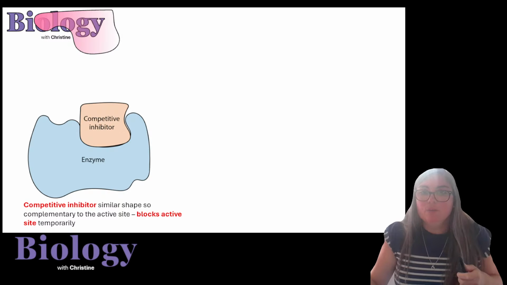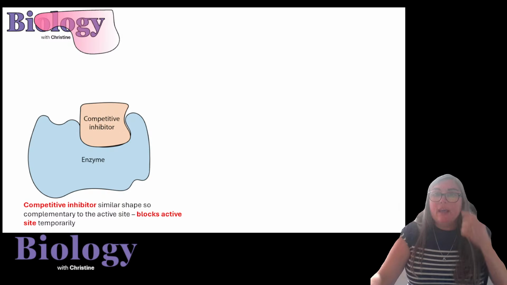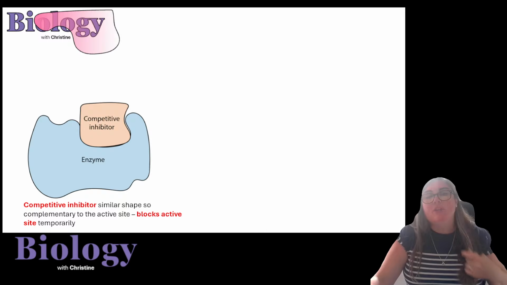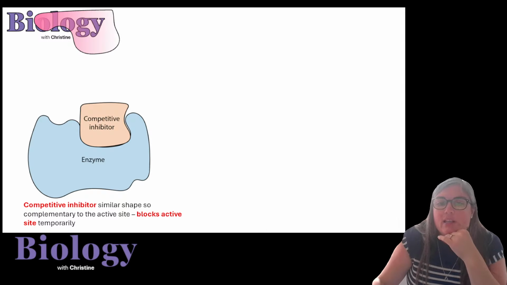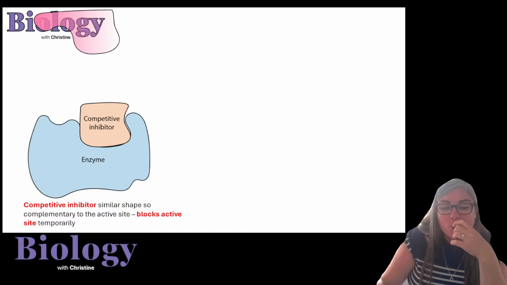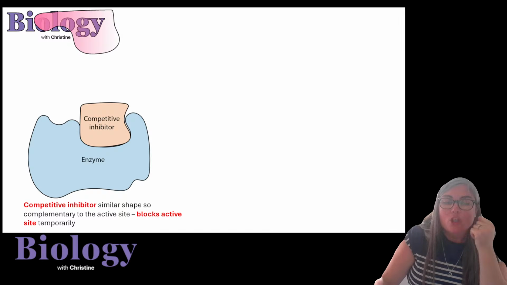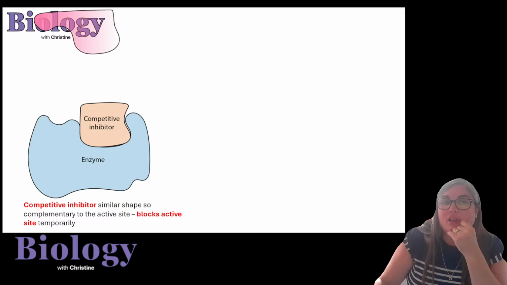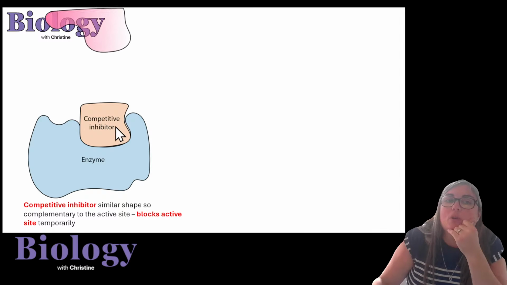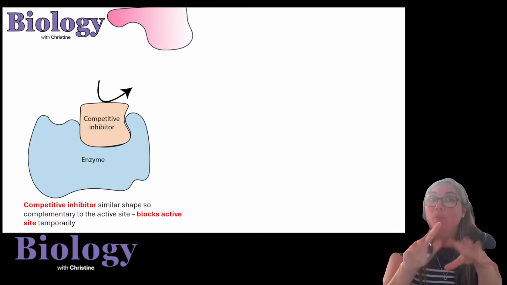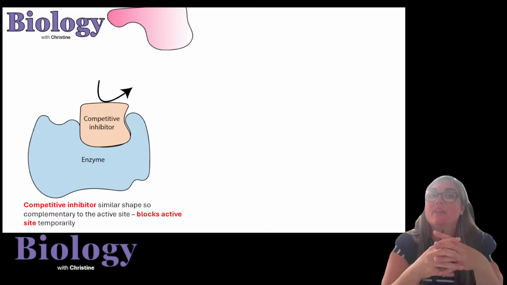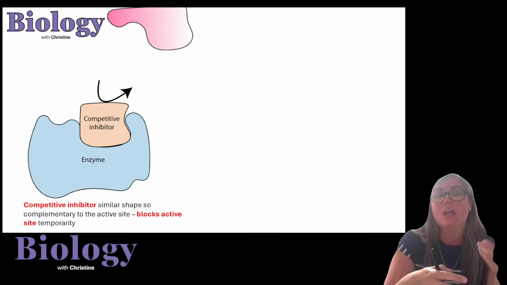Okay, so if we're looking at inhibitors now, if they're doing anything on inhibition, the key thing for you to know is what have they told you about the inhibitor. If the inhibitor is blocking the active site and it blocks it temporarily, that means it is a competitive inhibitor.